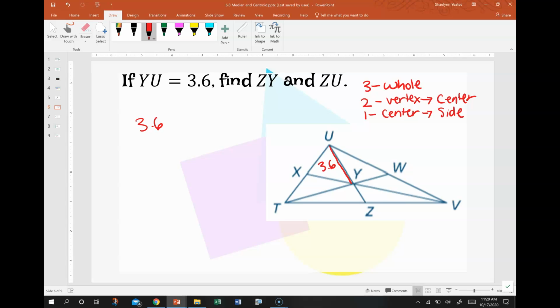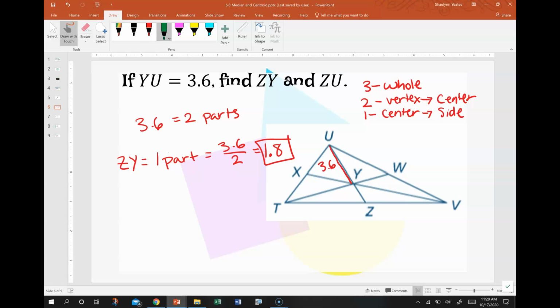So if I want to find ZY, well, ZY is only 1 part, so I need half of 3.6. So 3.6 equals 2 parts. So if I want 1 part, then I take 3.6 and I divide it by 2. So that's 1.8. Okay?